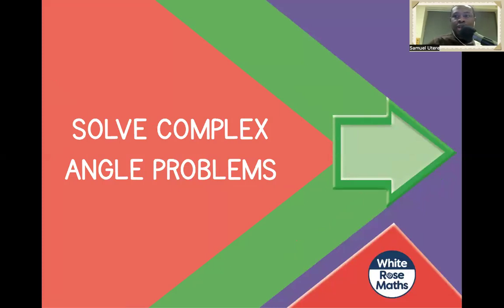So, in your previous lesson, you learned how to use knowledge of geometric facts related to triangles and quadrilaterals to solve some interesting maths problems that would otherwise be seen as complex maths problems. In today's lesson, you're going to learn to solve even more complex angle problems by pulling on those geometric facts that you already know.